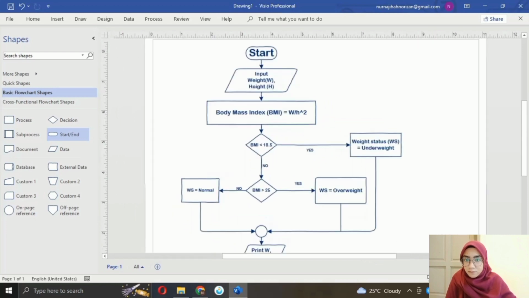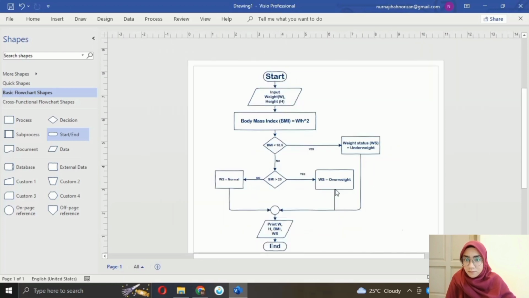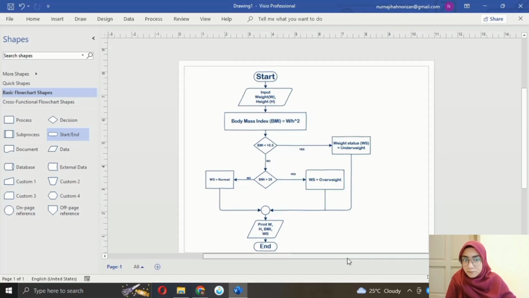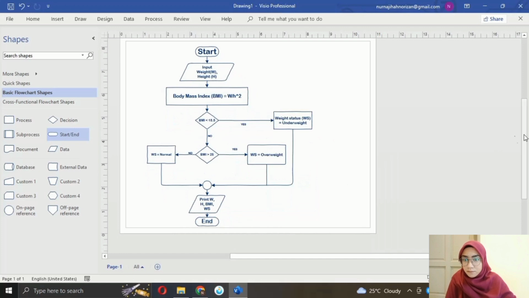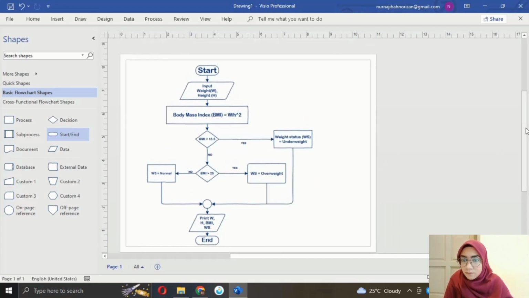The index is calculated by dividing a person's weight by the square of his height. The result is then compared to the following scale to determine the person's weight status. Below 18.5 is underweight, 18.5 to 25.0 is normal weight, and over 25.0 is overweight.